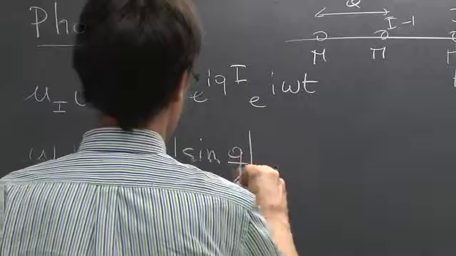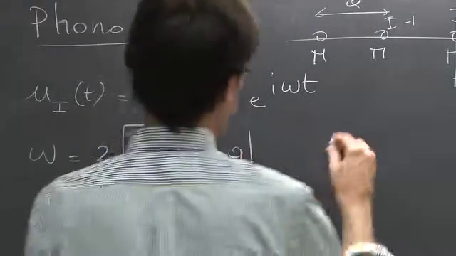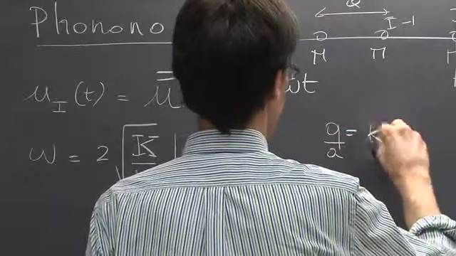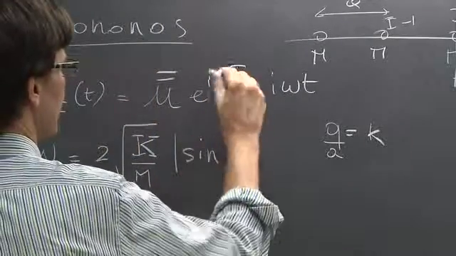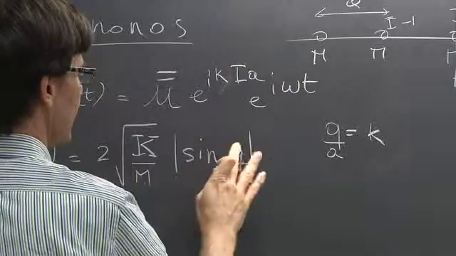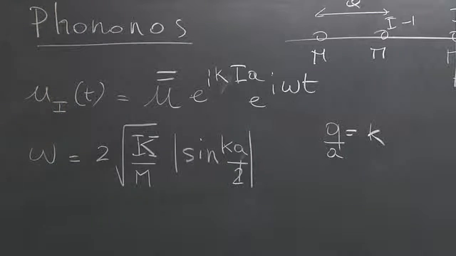And then we introduced a change of variables. We said that we introduce k equals q over a. And so therefore, this one becomes k I a, and this one becomes k a. We just change the variable.